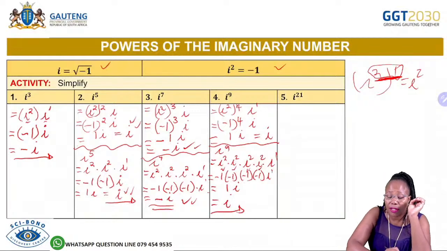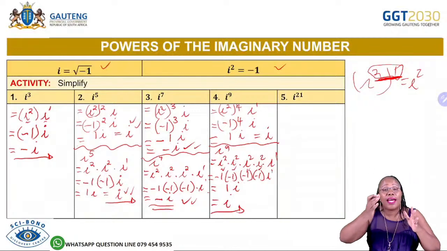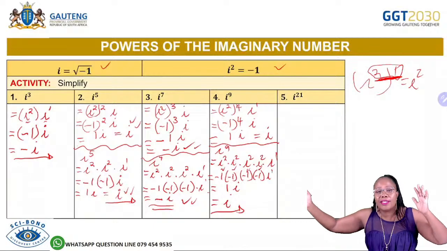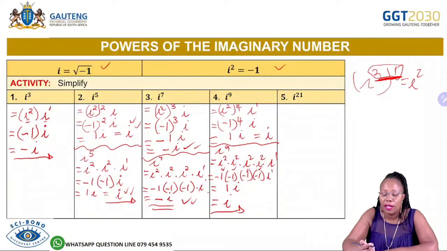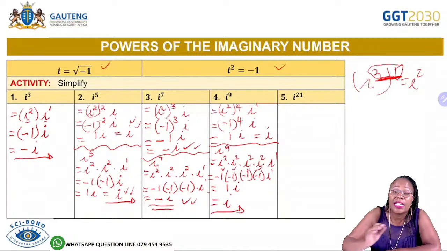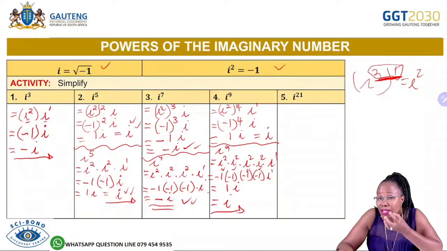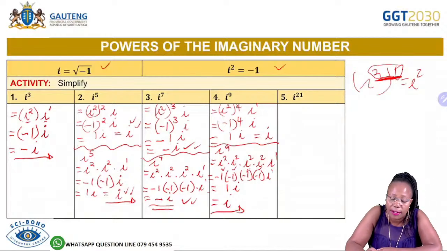But with 21 in grade 12, that is too much. You must write i squared until you'll be writing i squared 10 of them, and then now having the last i there, okay? Because it's 10 of them. Can you hear the answer is already there? If it is 10 of them, that means the 10 is even. So the answer will be positive. Okay, let's check. So that is i squared with the shorter method.